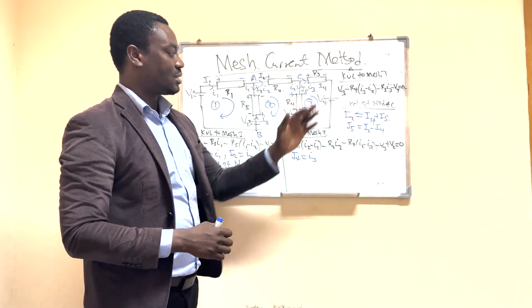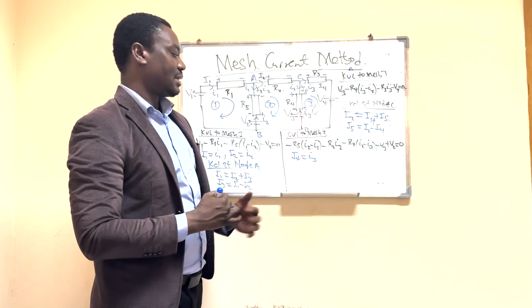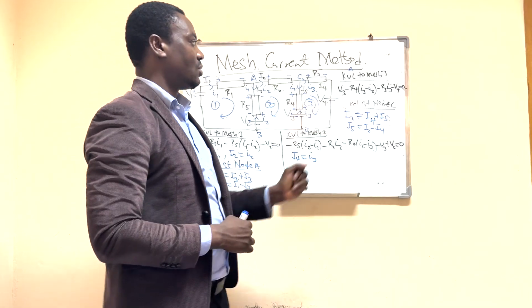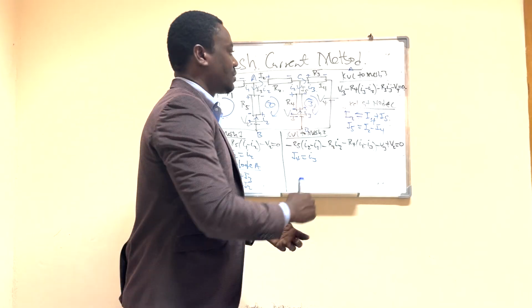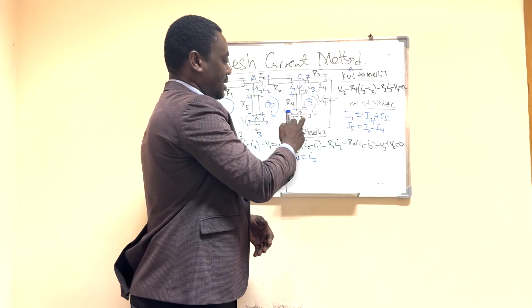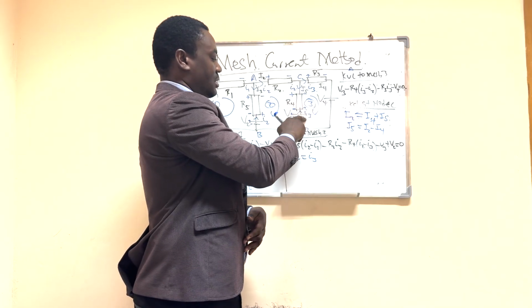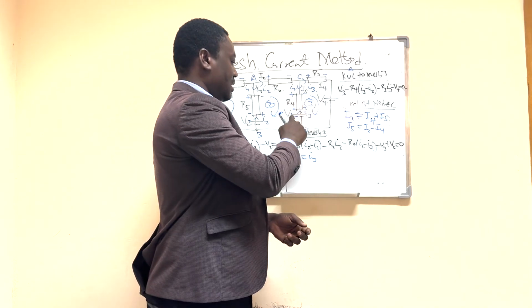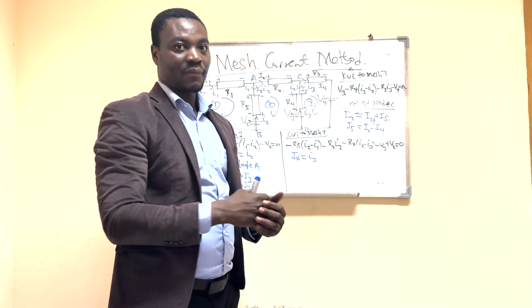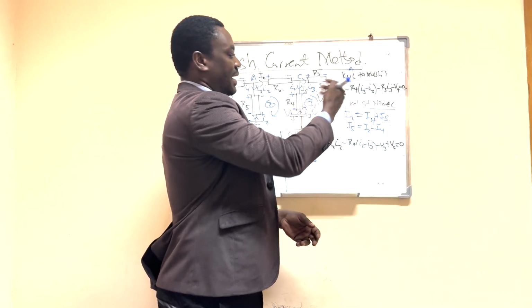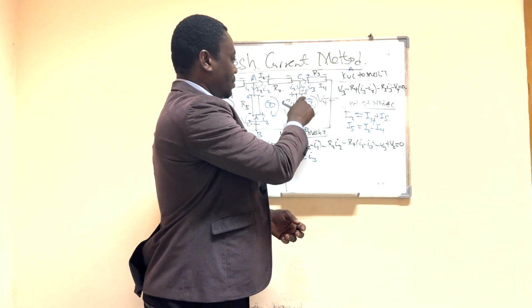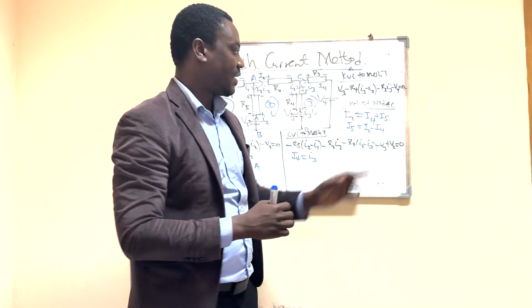Now when it comes to equation 3, we obtain it by applying Kirchhoff voltage law to mesh 3. So this one too, we are starting this time from the voltage source here, V3. Plus to minus is a rise. So we have V3. You can see here plus to minus here is a drop, so we have minus.